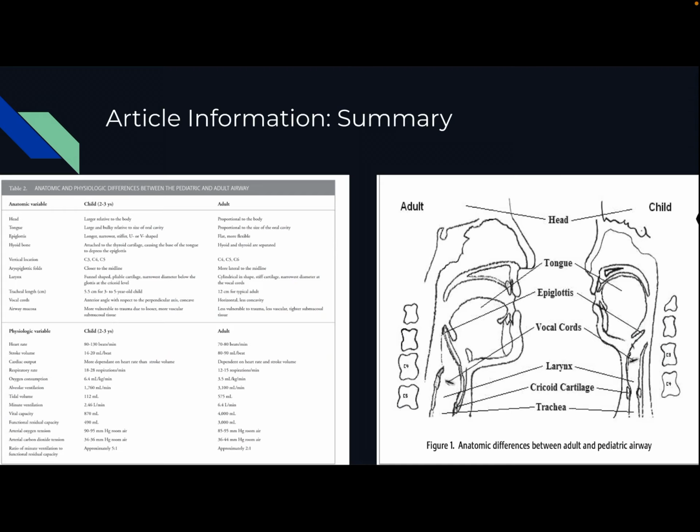Also interestingly to note, the heart rate is 80 to 130 beats per minute for a child as opposed to an adult. This can cause serious issues if the child's airway is obstructed, meaning that the myocardium of the child will receive less oxygen and therefore cannot beat fast enough to keep up the blood flow of the child as opposed to an adult, which requires less beats per minute.